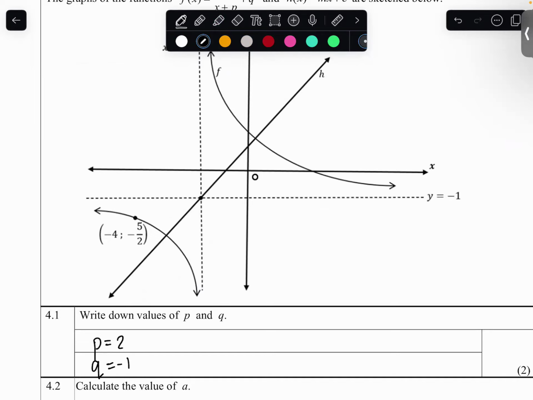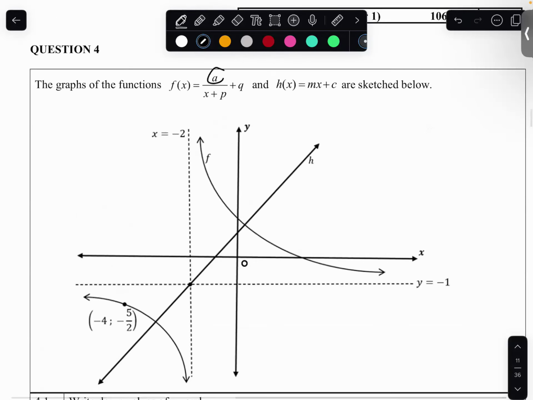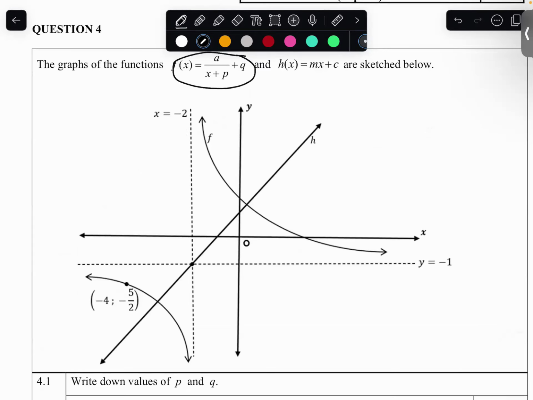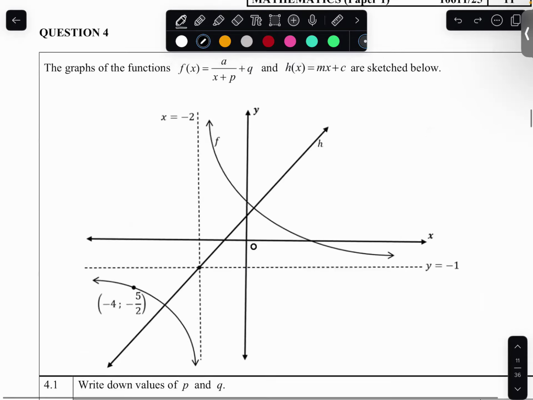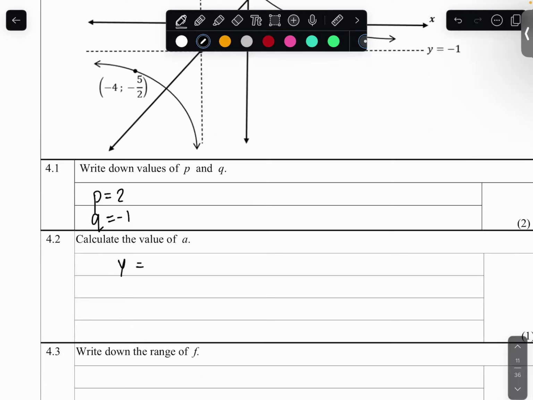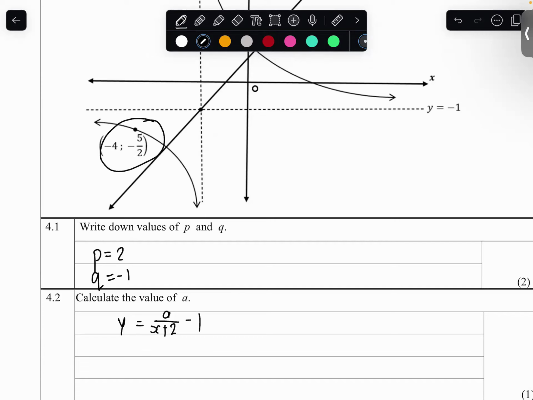Okay, next. It says calculate the value of A. So A is this value. So all we need to do is find a set of coordinates that lies on this graph, i.e. the hyperbola, and sub in for x and y and solve for A. So if we have the equation y is equal to A over x minus +2, sorry, minus 1. We need a set of coordinates that lies on the hyperbola. It's that set.